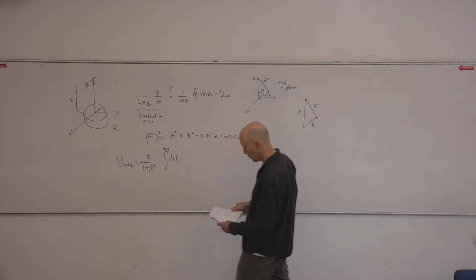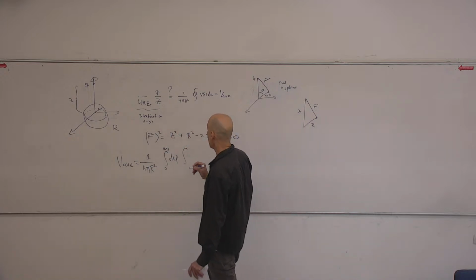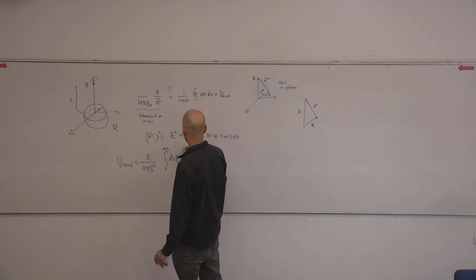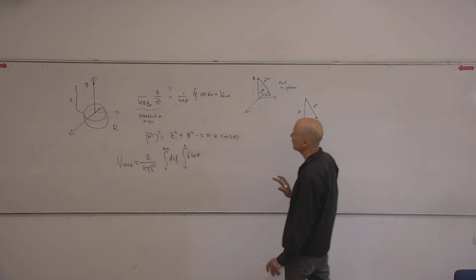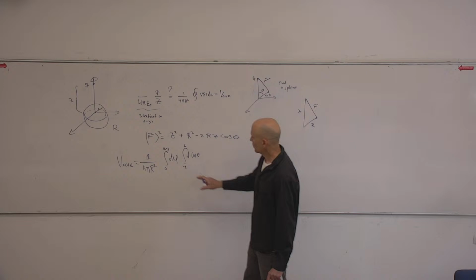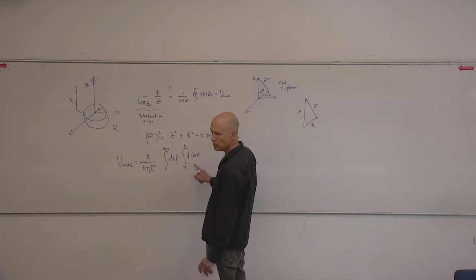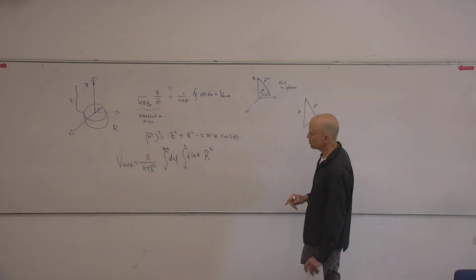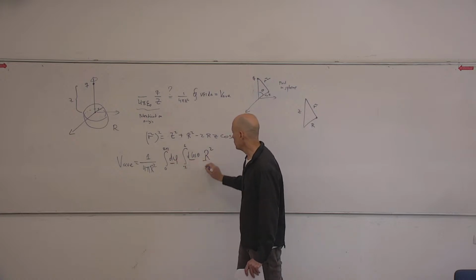That's the easy part of the solution. And then I need to integrate over d theta. The way I do it is I integrate over d cosine theta. But you can also do sine theta d theta, that's the same thing. And then what is dA? It's these two and capital R squared because of the integration. So these three are simply dA.